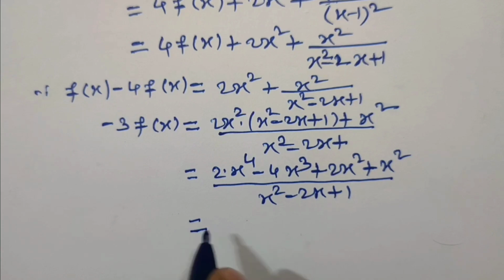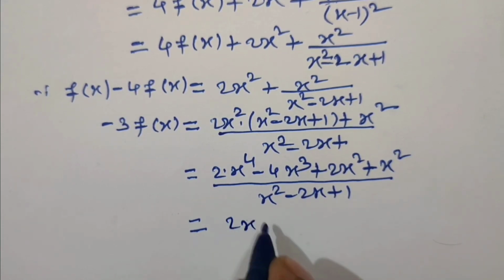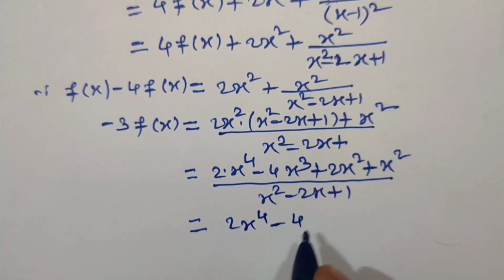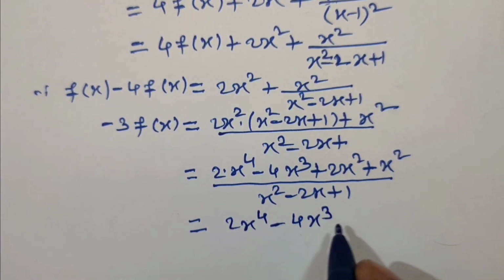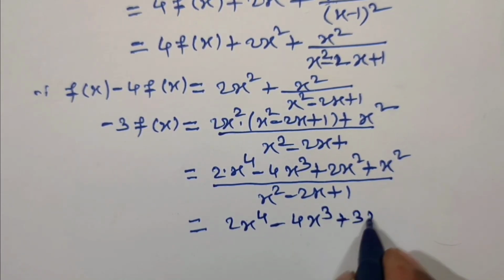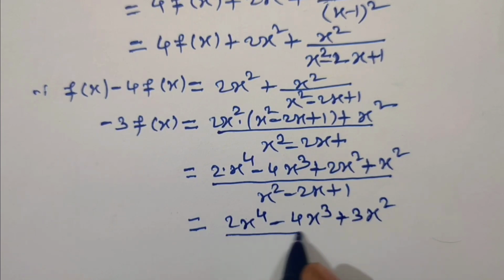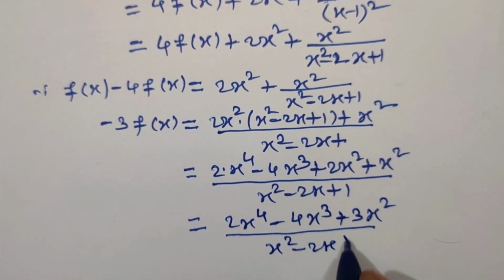Hence, this is equal to 2 times x raised to 4 minus 4 times x cube plus 2x square plus 1x square, that is plus 3x square, divided by x square minus 2x plus 1.